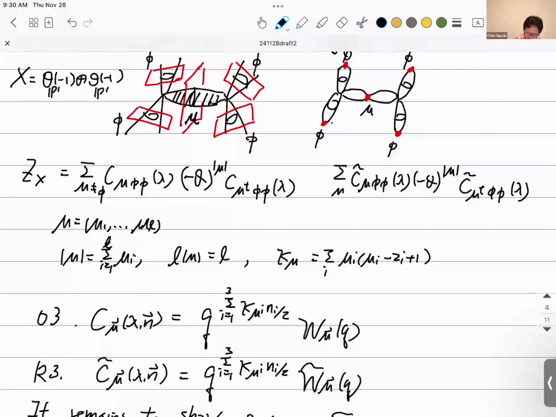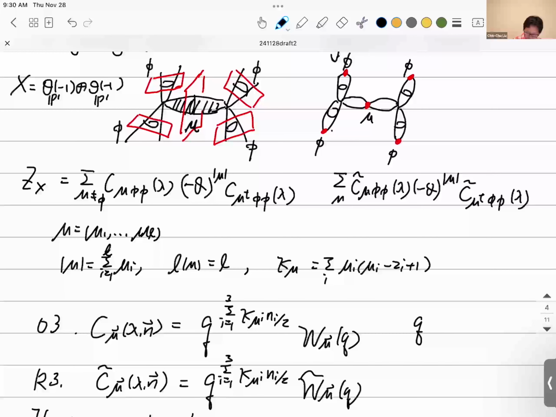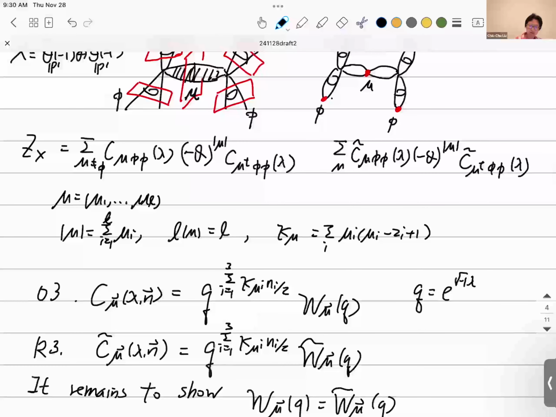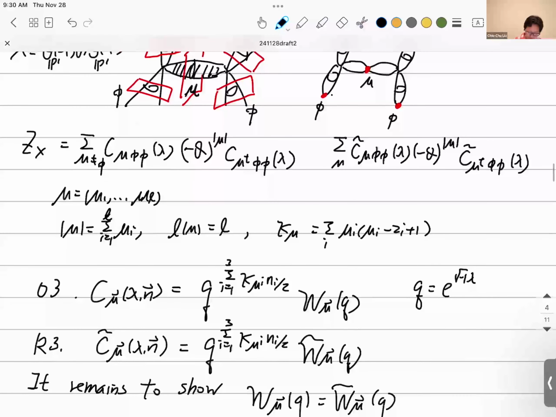Recall that the left-hand side depends on lambda. It turns out it can be written as a function of Q, where Q and lambda are related in this way, and W is somehow complicated, but completely explicit. We actually also have a closed formula. It looks very similar. And of course, it happens to be the same.